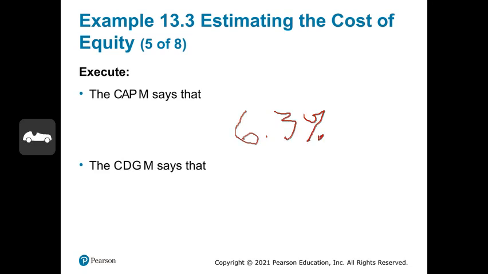When we use the constant dividend growth model, we're going to get the dividend of $2.81. We're going to divide by the current price of $92, add the growth rate of 4%, and we get 7.1%. It's a little less than 1% difference between using the two different models.